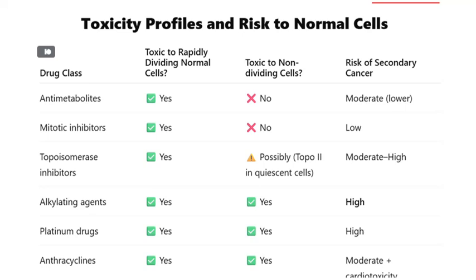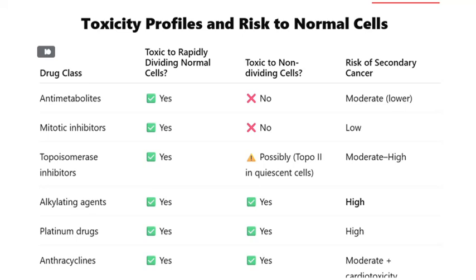So topoisomerase inhibitors have more risk of secondary malignancy than, say, mitotic inhibitors or antimetabolites, but not as high as alkylating agents and platinum drugs. Topoisomerase inhibitors can be toxic to non-dividing cells because topoisomerase II activity is important even in quiescent cells.